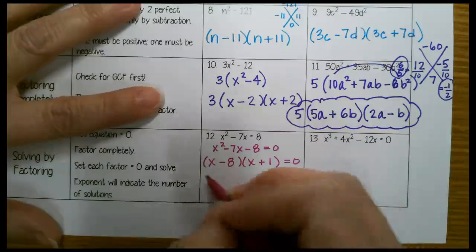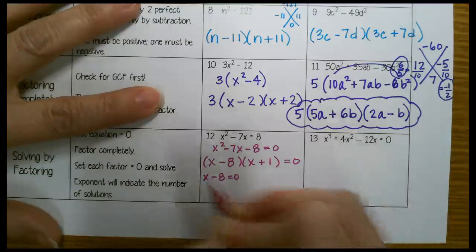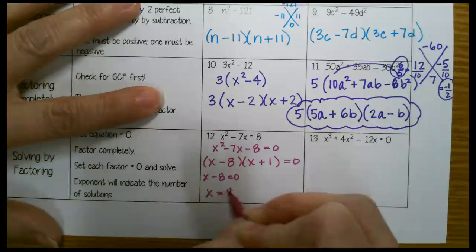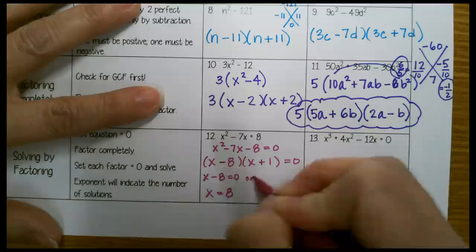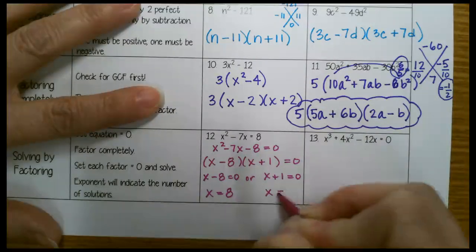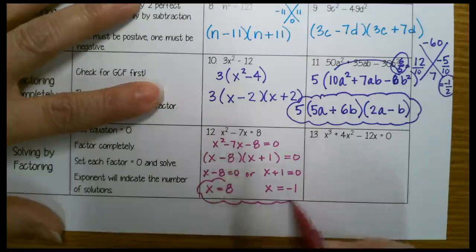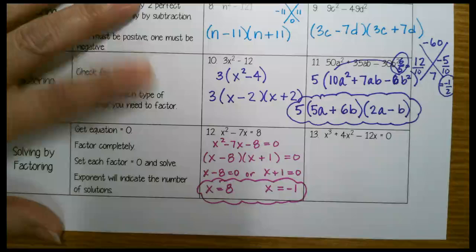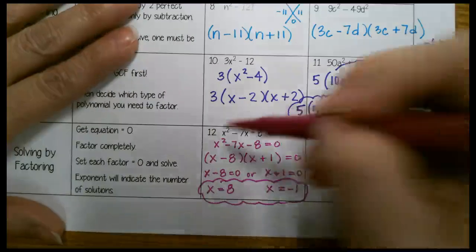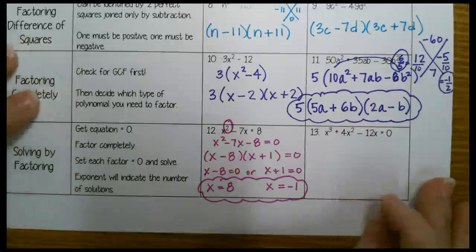I'm going to set this one equal to 0, which means x equals 8. Or I'm going to put this one equal to 0, which means x is -1. Those are my two solutions. And if you remember, I showed you that the exponent will tell you how many answers you should get.